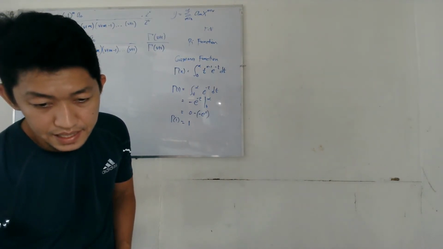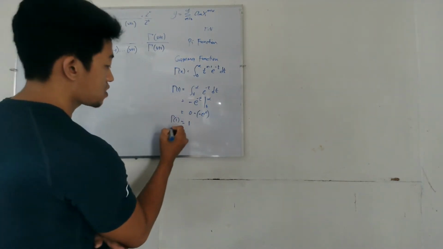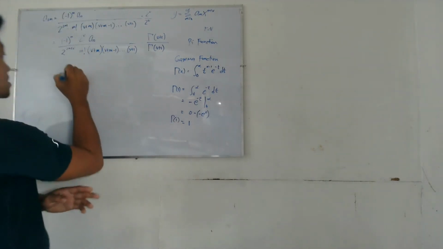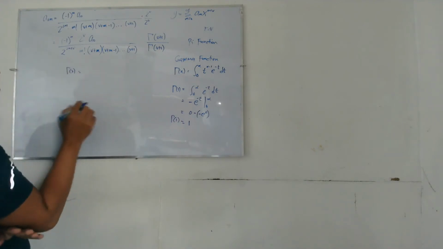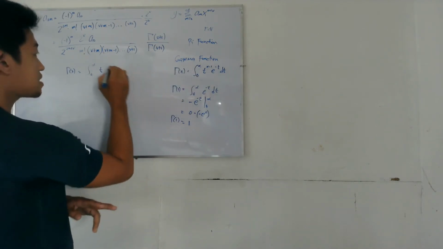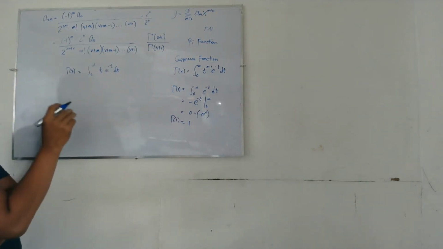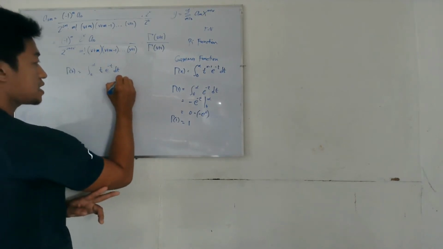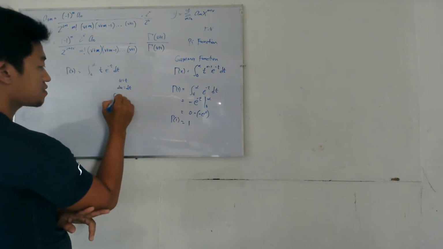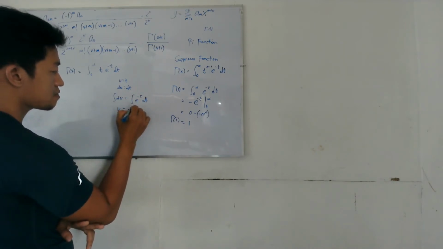And then the gamma of 2. Gamma of 2, let's substitute again: 0 to infinity, t to the 2 minus 1, so t to the 1, e to the negative t dt. For this we use integration by parts. Let u equal t, du equals dt. Integral of dv equals e to the negative t dt, v is negative e to the negative t.